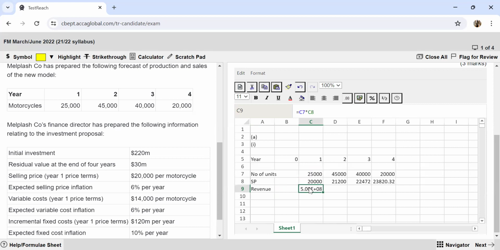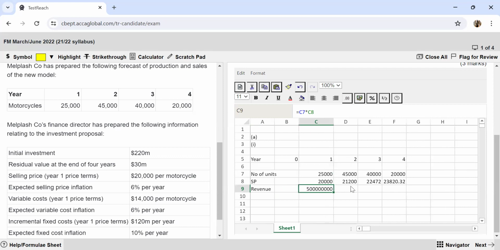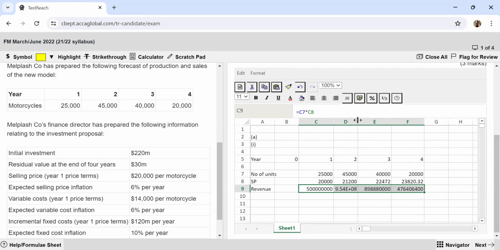Just expand the size of the cells so that you're able to see the entire figures. Now we do have our revenues all worked out.